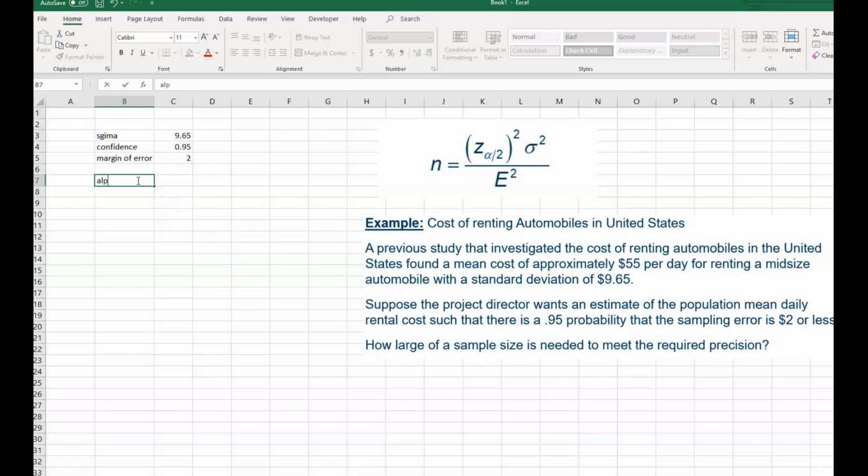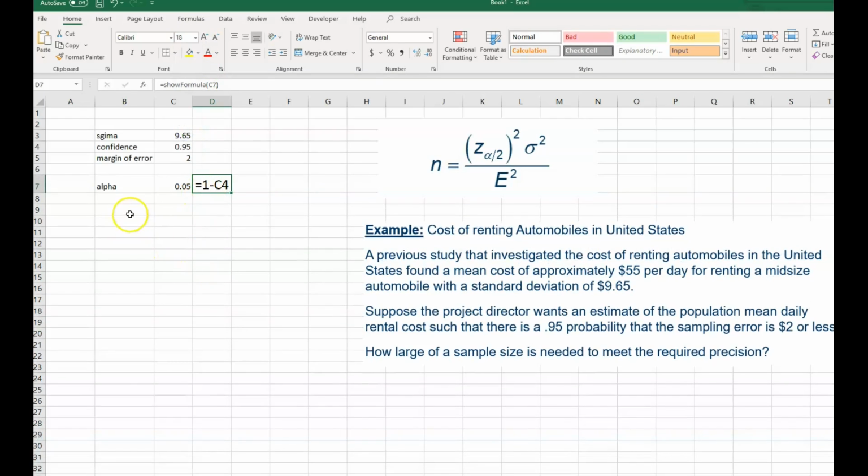So alpha will be 1 minus 0.95, which is 5%. I'm going to show the formula: simply 1 minus 0.95.